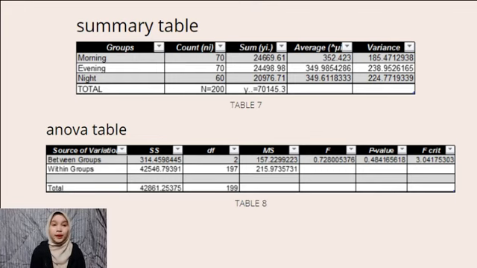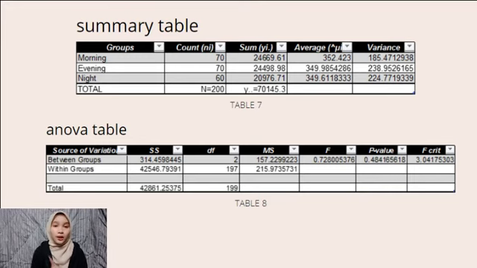Next, Table 8 is the one-way ANOVA table. We have observed that the order of the table and also the values inside the ANOVA table itself are exactly the same as when we calculated manually. The first column is the source of variation, which can be the factor between groups, error within groups, and total.